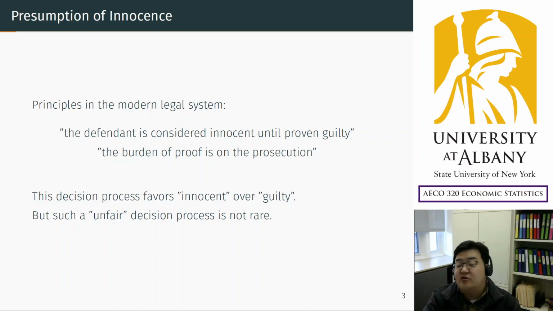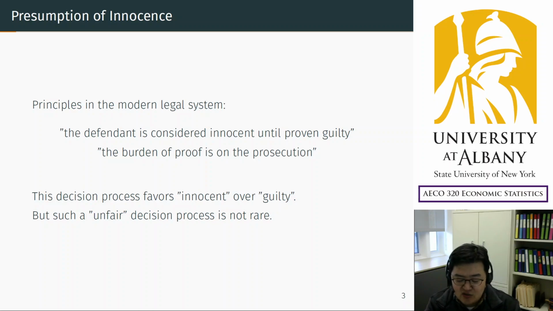Maybe you are familiar with these ideas, and you have never thought it's unfair, but actually, in some sense, it is unfair. If you just, without any context, think of it as a yes or no question, you are favoring one of them, right? You are favoring innocence over guilt, even though there is no evidence. So in that sense, it is unfair.